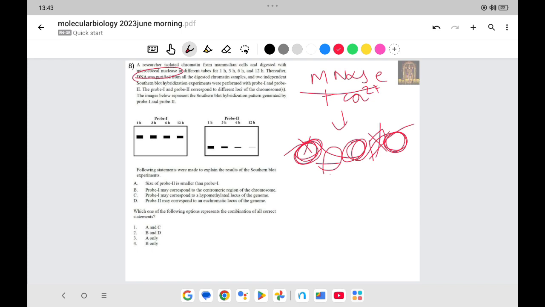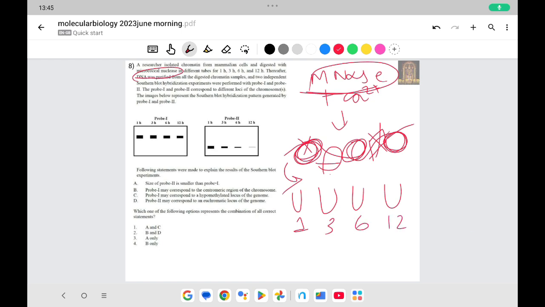Depending on the question, the researcher has prepared 4 test tubes where that person has introduced this chromatin. He has also used that MNase enzyme and treated one tube for 1 hour, another for 3 hours, 6 hours, and 12 hours.